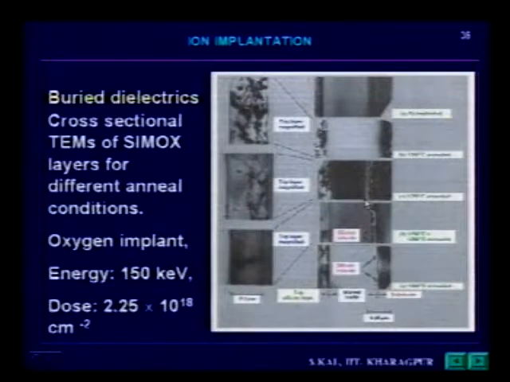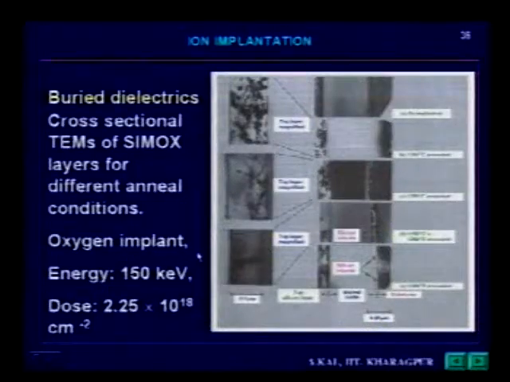There is an optimum range of temperature where you can have the defect-free surface layer. So these are the effects, and this picture is for 150 keV oxygen implant, and the dose is 2.25 in 10 to the power 18 per centimeter square. As implanted and different annealing sequence, the cross-section TEM is shown here.